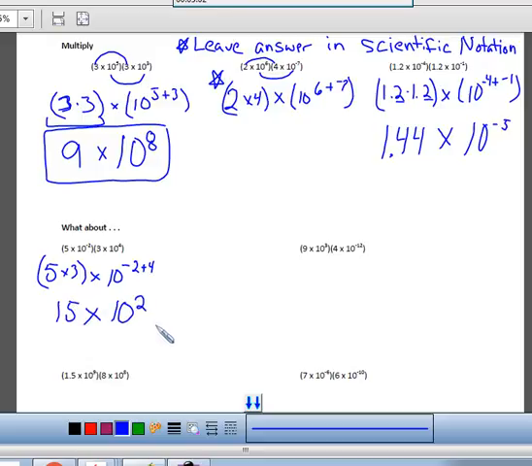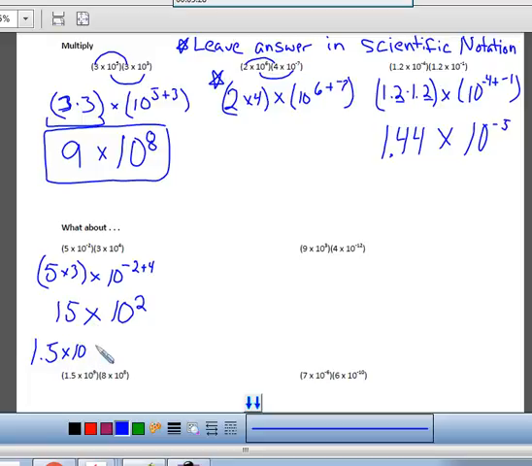Now, it seems like we're done. But if you remember our rule with exponents, we can't have this first number greater than 10. So we need the decimal to be here. So I'm going to be moving it this way. Another way to think of this is, okay, well 15 is the same as 1.5 times 10.